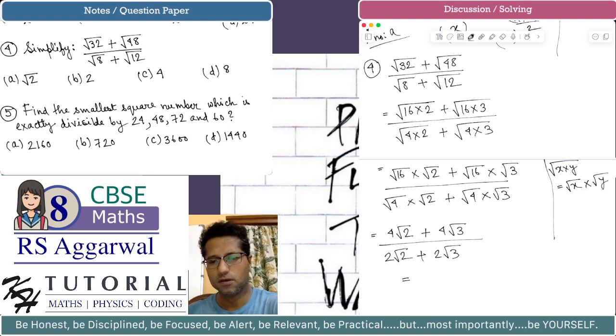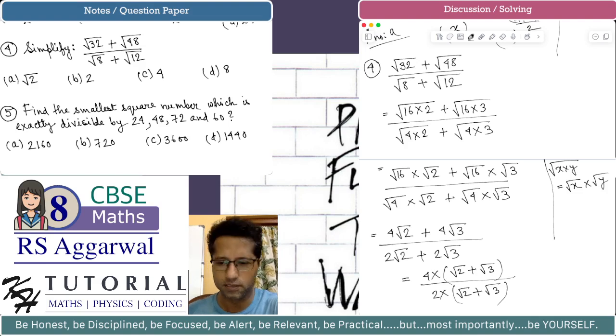So from the numerator we can take common, and we have 4 into (square root of 2 plus square root of 3), and from the denominator we take 2 common, and we have 2 into (square root of 2 plus square root of 3). So square root of 2 plus square root of 3 cancels out, and we have 2. So the correct choice is B. B is the correct choice.